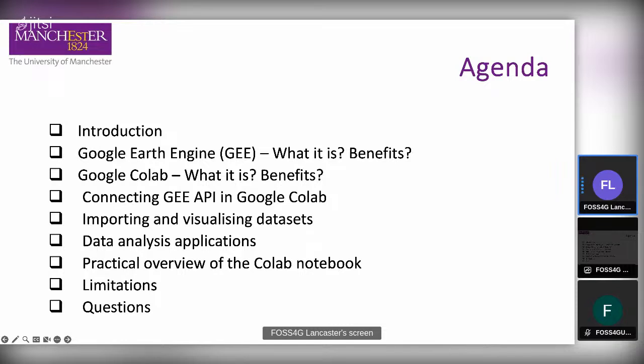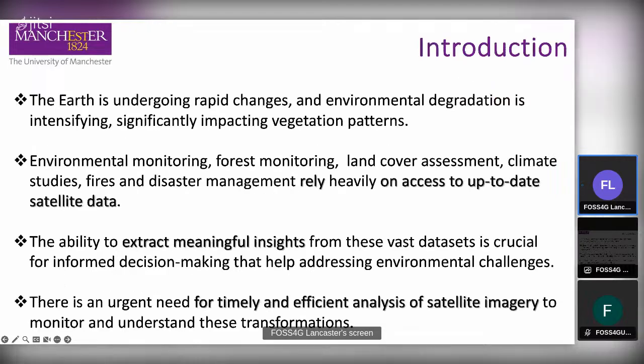We know that Earth is undergoing rapid changes and environmental degradation is intensifying, so we need rapid access to satellite data to monitor quickly what is going on with the environment, with forest monitoring, land cover assessment, fires, disasters, whatever, name it.